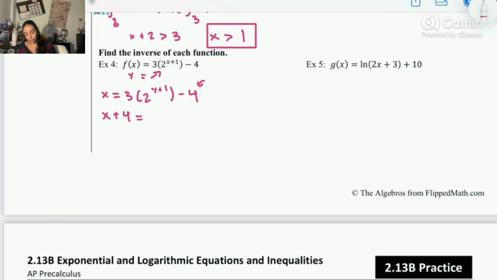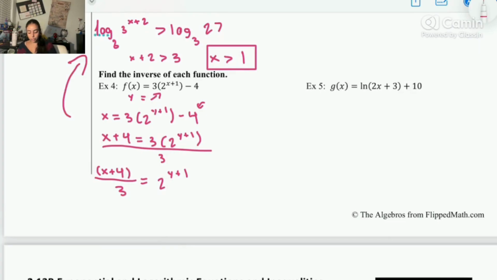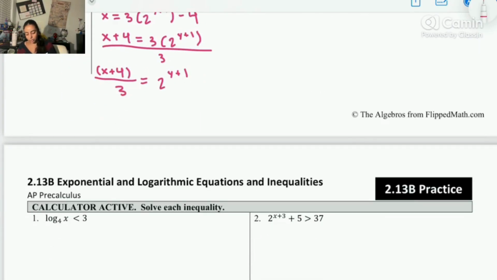x plus 4 equals 3 times 2 to the power of y plus 1. Then we're going to divide by 3 on both sides. So x plus 4 over 3 equals 2 to the power of y plus 1. And we're going to use the same trick we used on this one. We're going to take log base 2 of both sides. So log base 2 of x plus 4 over 3 is equal to y plus 1.